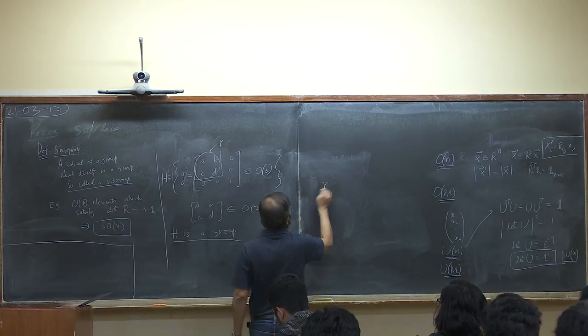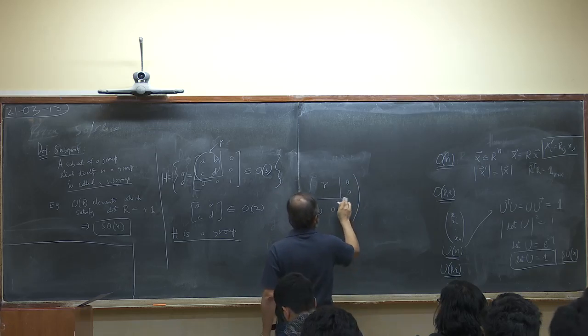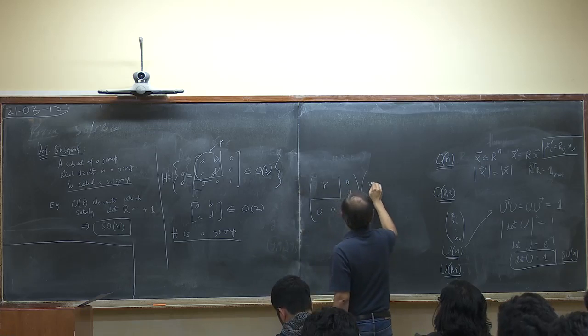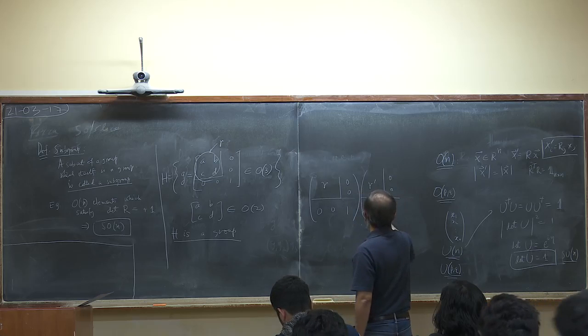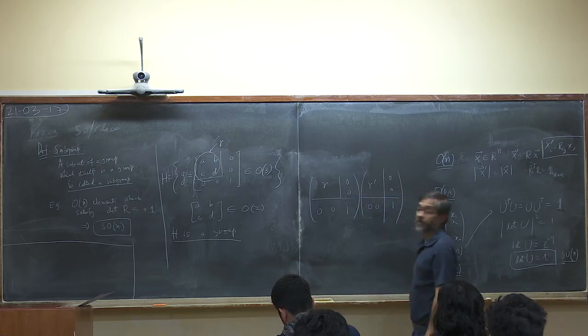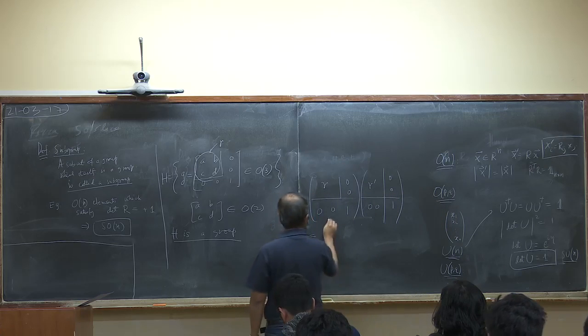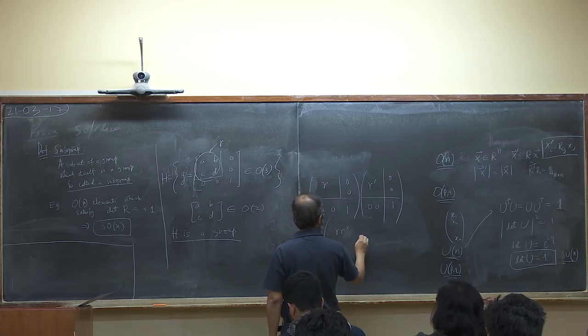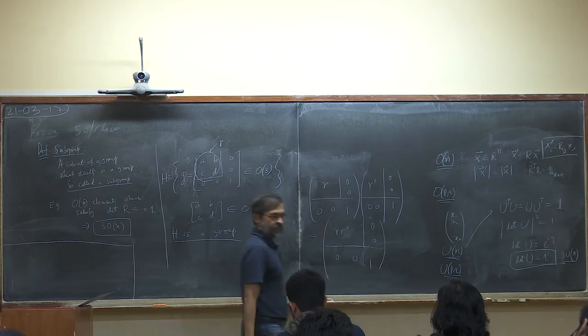Then I have r, and I multiply this by another 2 by 2 matrix here. What do I get? That's so obvious. Now it's clear.